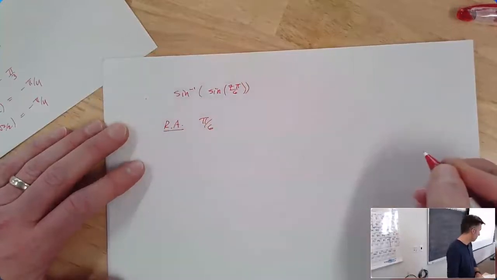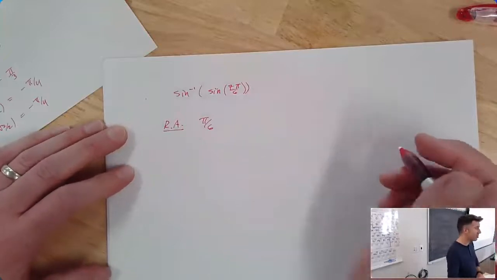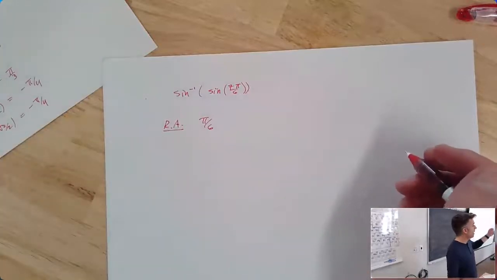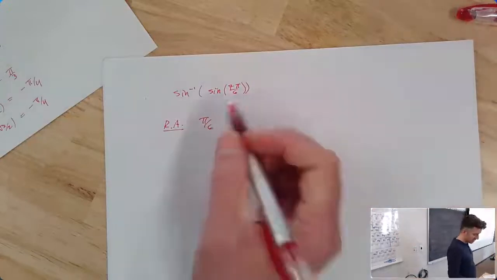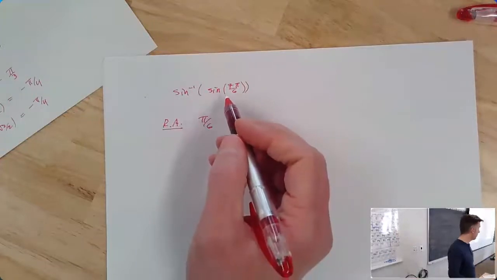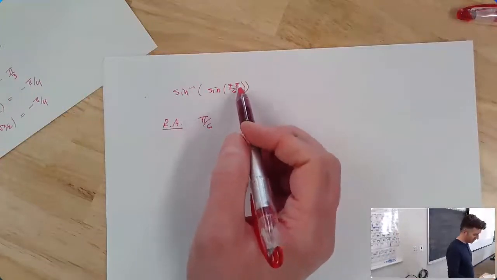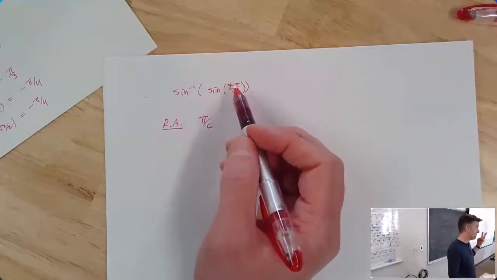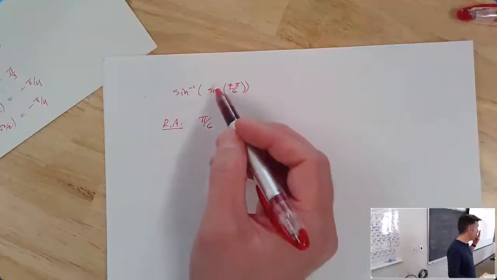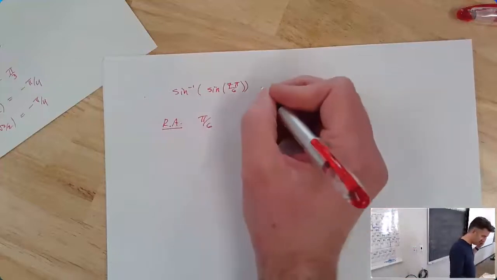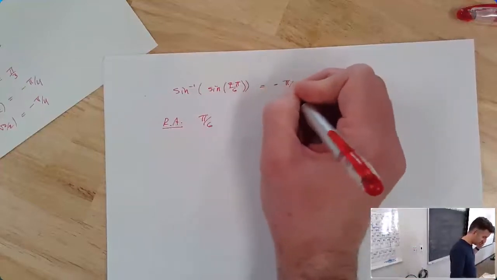So my answer is either going to be positive pi over 6 or negative pi over 6. I just have to determine whether sine of 7 pi over 6 is positive or negative. Well, 7 pi over 6 is in quadrant 3. Sine is negative there, so the inverse sine of that is going to be negative pi over 6.